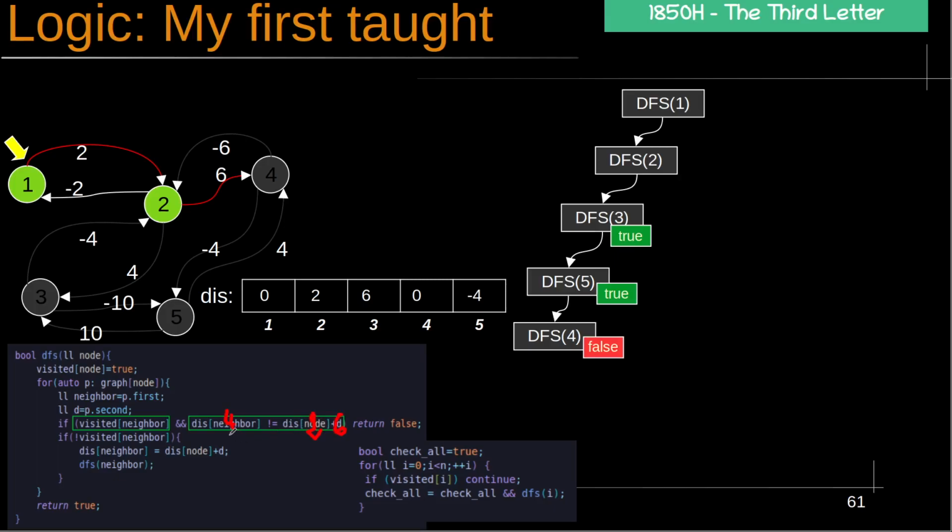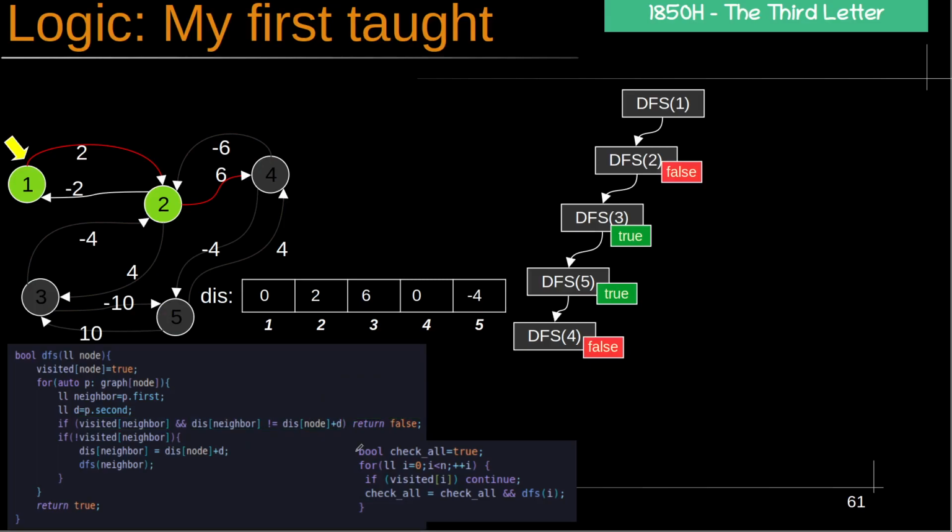The distance at 4 is 0. At 2, 2 plus 6 is equal to 8. So this at 4 should be 8, not 0. Okay. But here we have 0. So this is not the same. So we return false. So the DFS of 2 returns false.